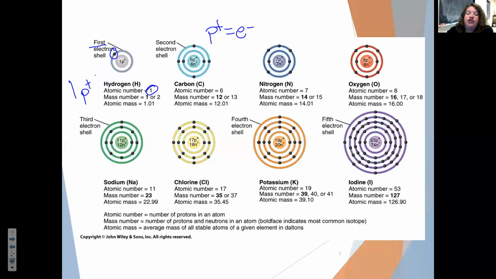That first electron shell can hold up to 2. So we have an empty space here. That empty space tells us that hydrogen is going to try to fill up that empty space to have a completed outer electron shell, and it will form bonds with other atoms to form molecules in order to do that.